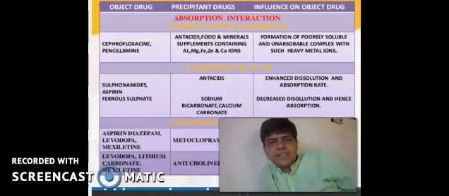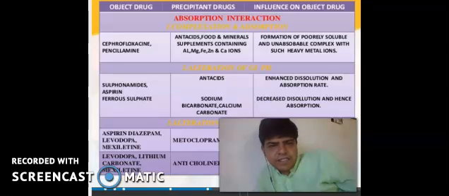If we see the object drug, then the precipitant drug and its influence on the object drug. In absorption interaction, complexation takes place, like ciprofloxacin and penicillamine with antacids, food and mineral supplements containing magnesium, aluminum, iron, zinc, calcium ions, forming poorly soluble and unabsorbable complexes with such heavy metal ions.